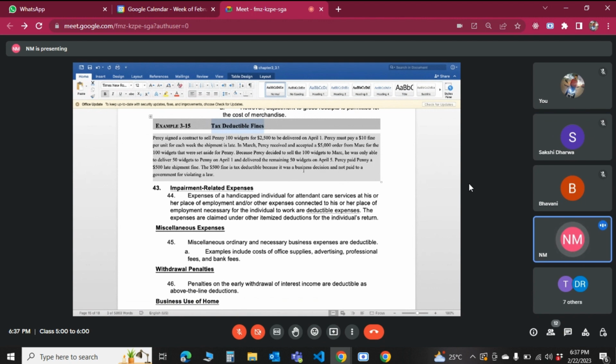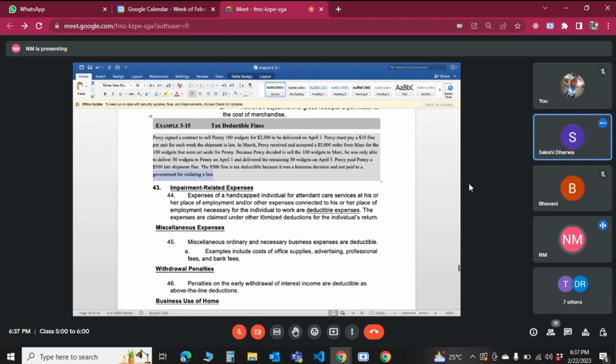Good. Please explain, Sakshi. Ma'am, these fines are related to business. That's why they are deductible. It's an important thing. They are not violating any law, correct?